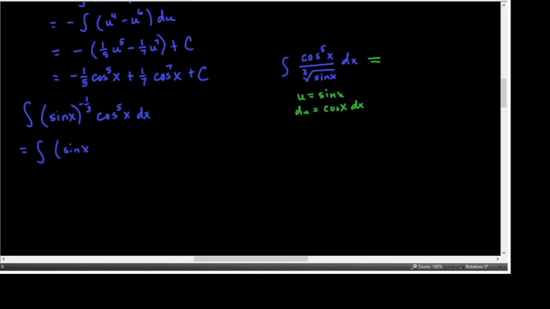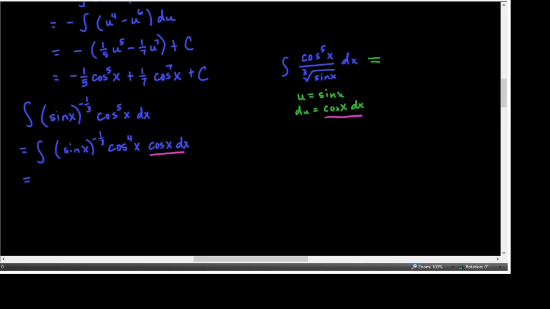And what I'm going to need to do is make sure that I have my du, which involves one single cosine of x. So I'm going to borrow one from the 5 of them there and write it separate so that it's extremely clear that I have my du. I have cosine x dx. That's what my du will be.